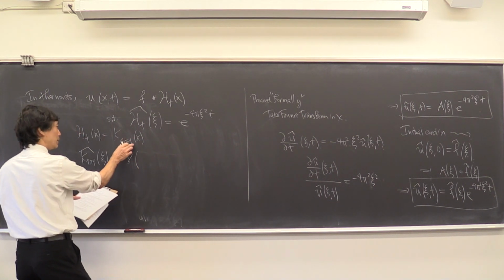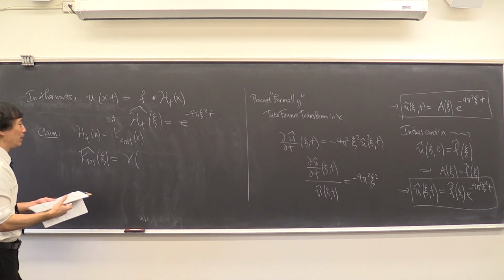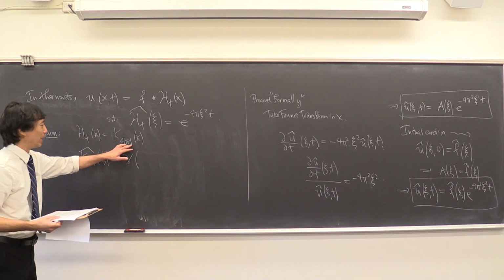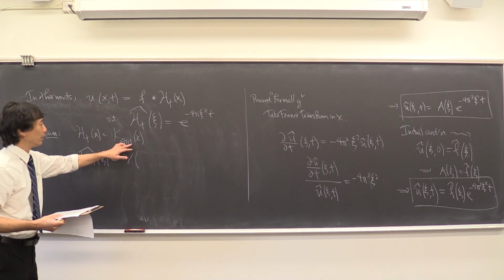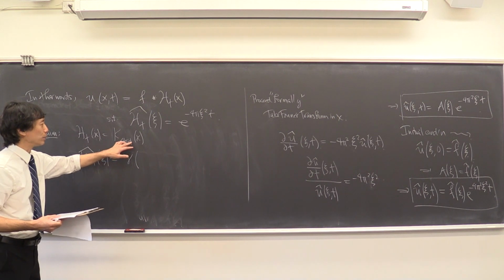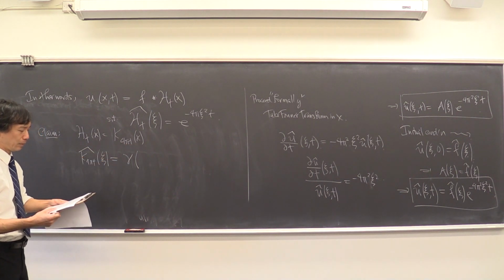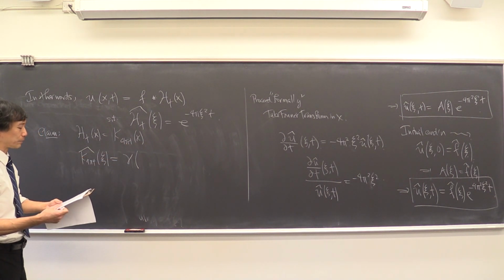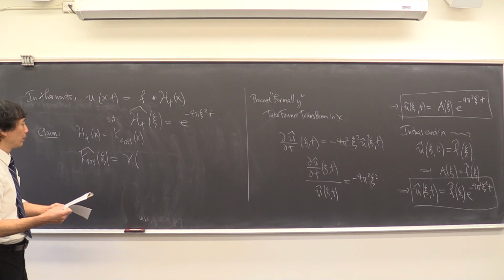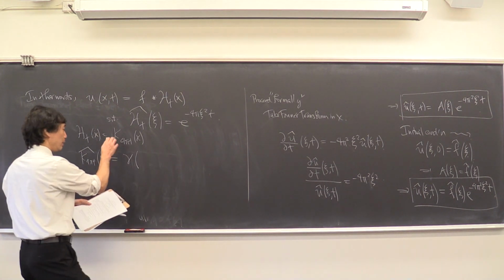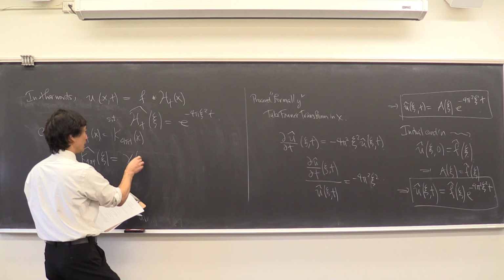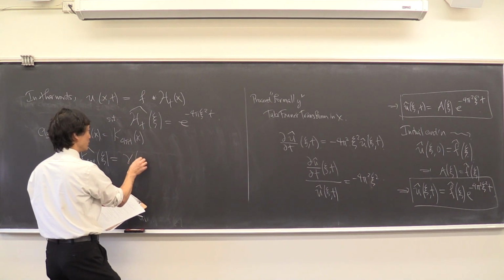I'm sorry, this was dilated by 1 over the square root of this. And so what this turns into is the scaling by the square root of this.